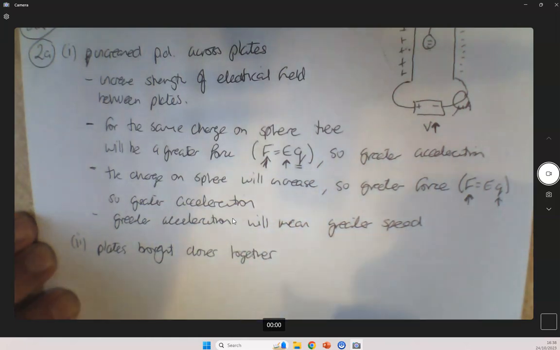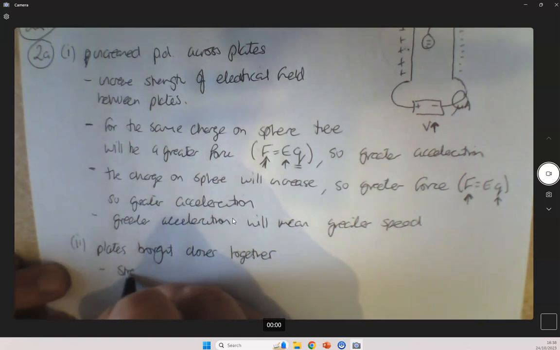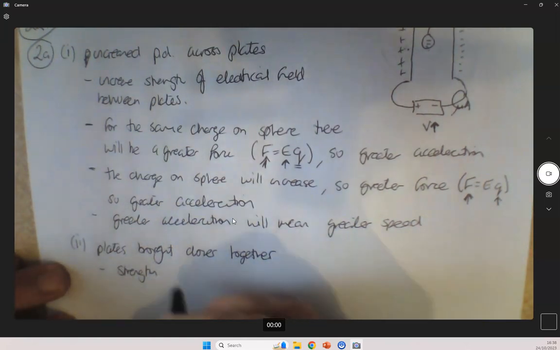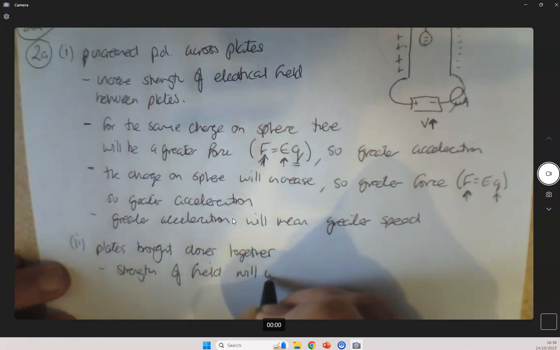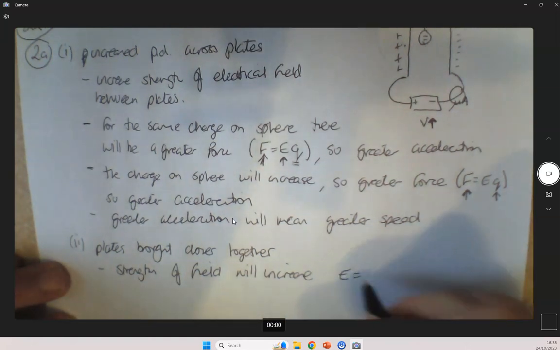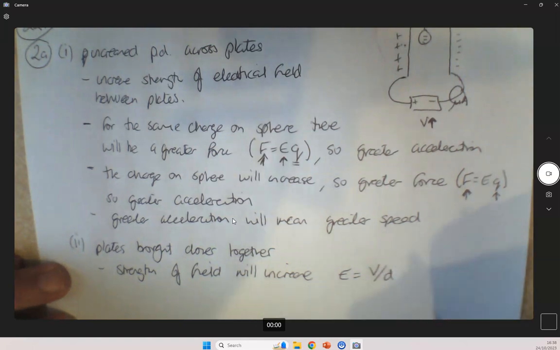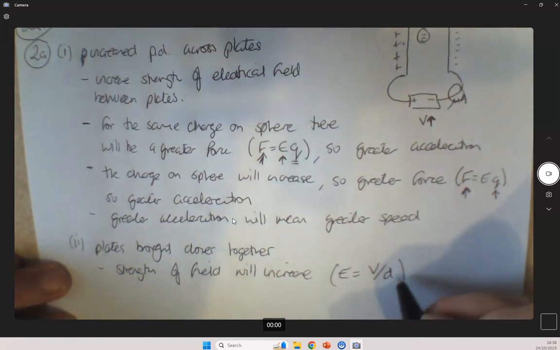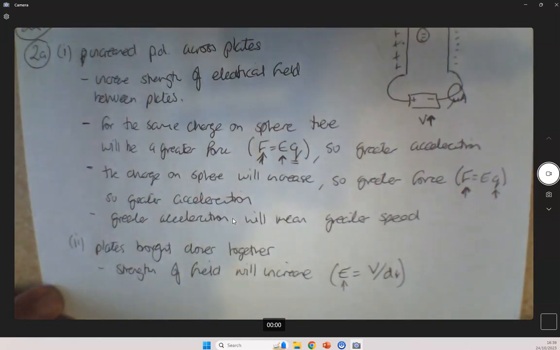Now, if the plates were brought closer together, the strength of the field will increase. And it will increase because we know the electrical field strength between two parallel plates is the potential difference divided by the distance. So I've reduced the distance, therefore I've increased the electrical field strength.